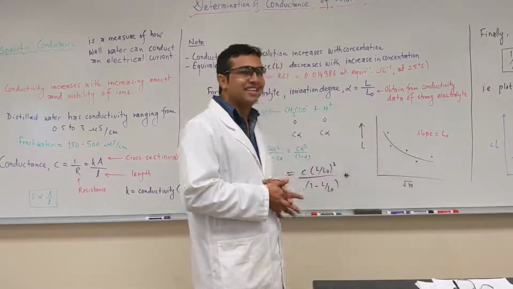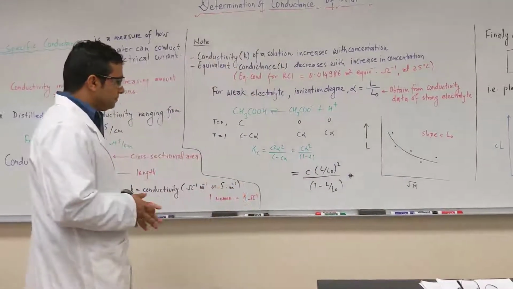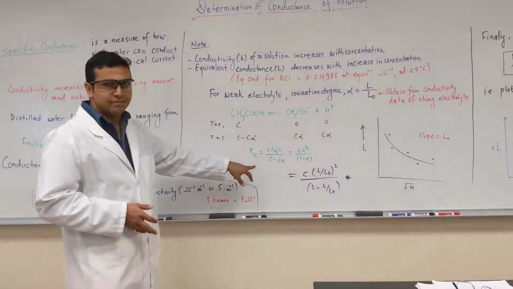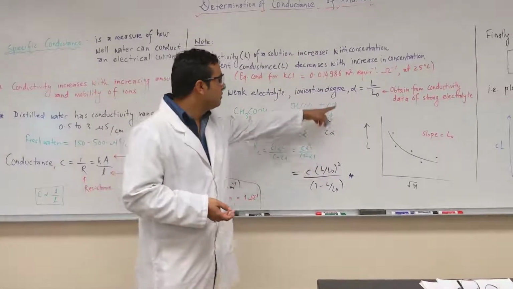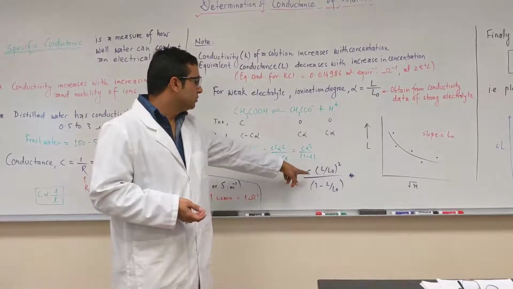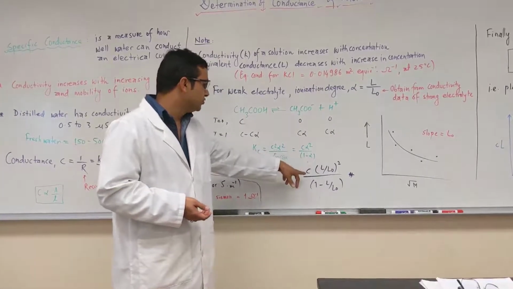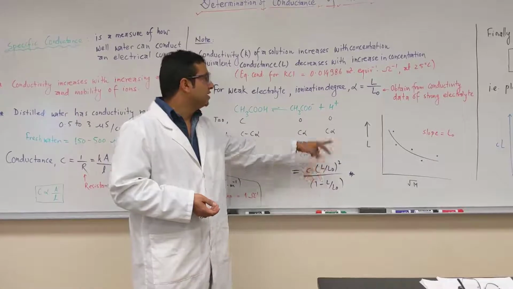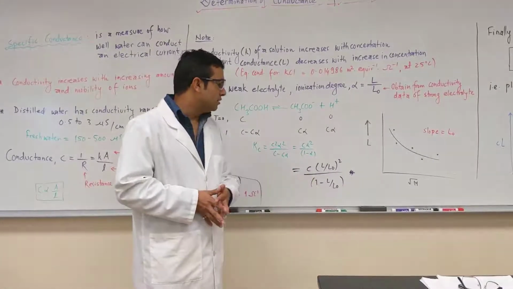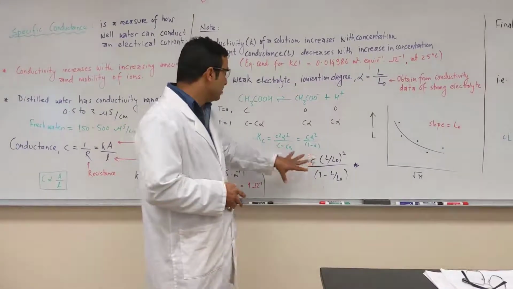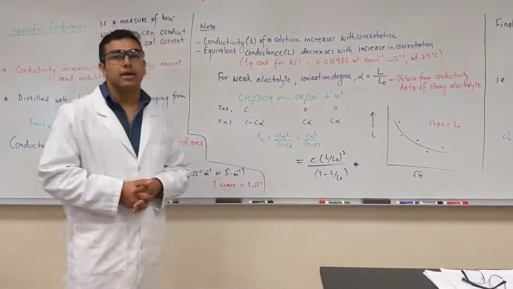I'll talk more about this later, right? So to determine the Kc, which is our ultimate aim, now you can put the value of alpha from this equation here. So your Kc would be C times (L by L naught) squared, divided by 1 minus L by L naught. So from here, now you'll get the value of Kc.